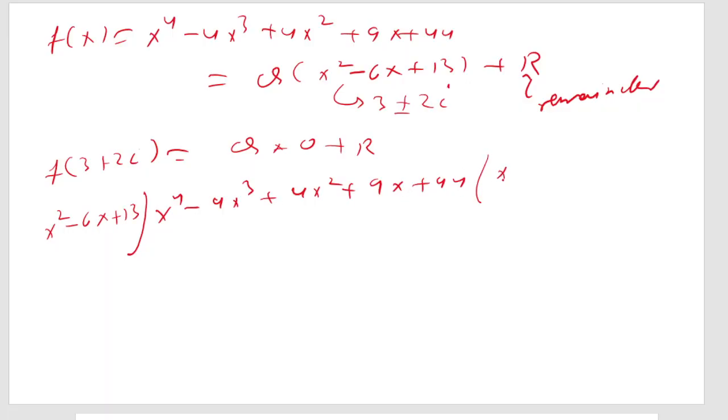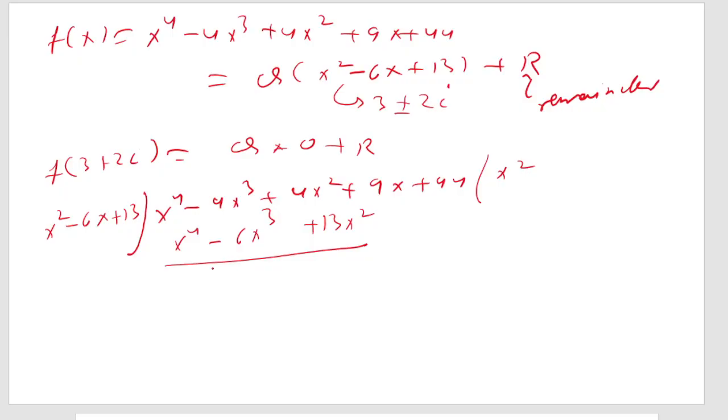We get x square, so x to the power 4 minus 6x cube plus 13x square.